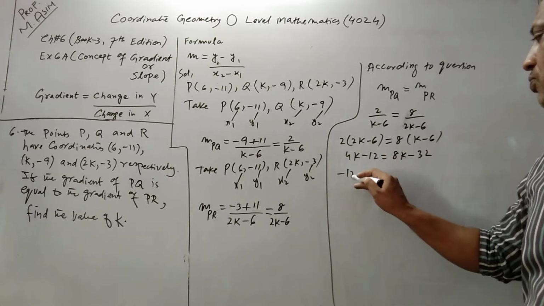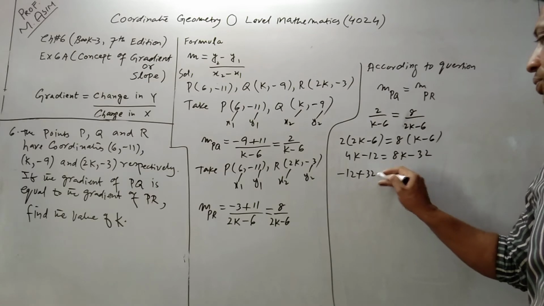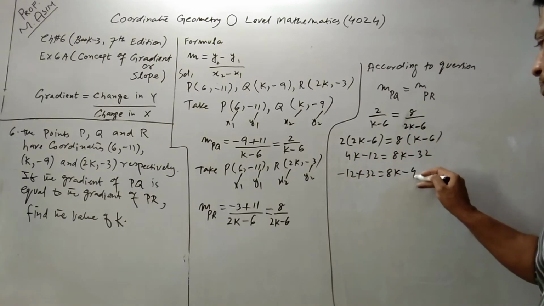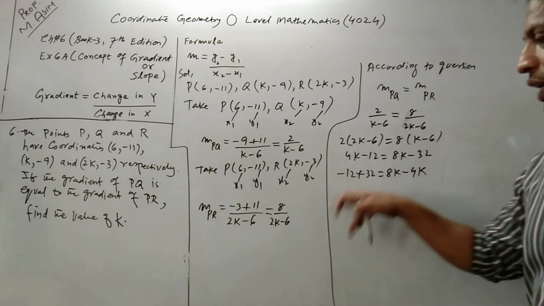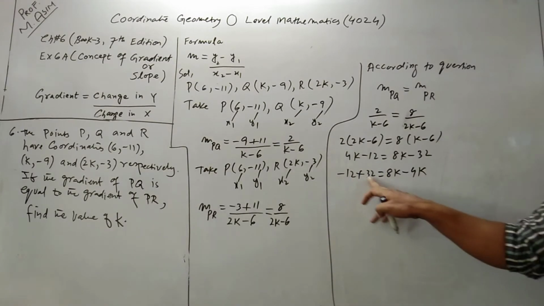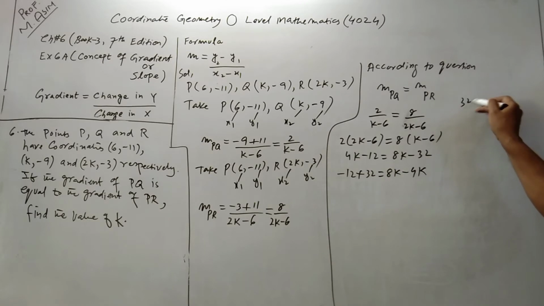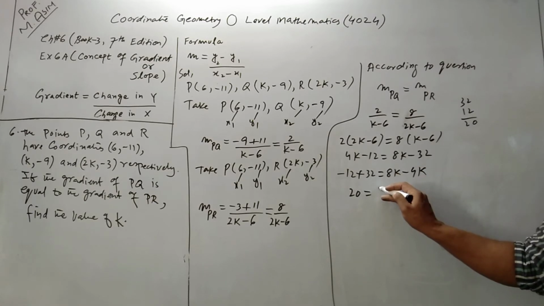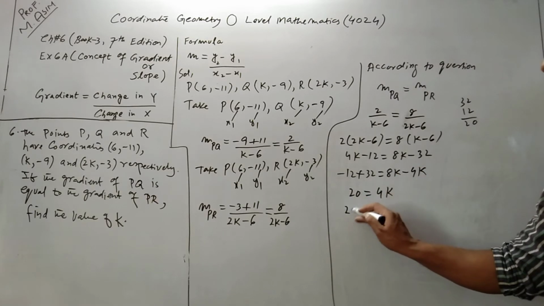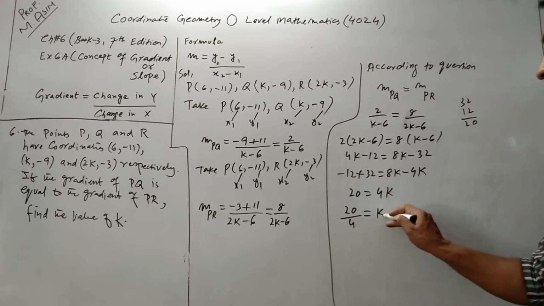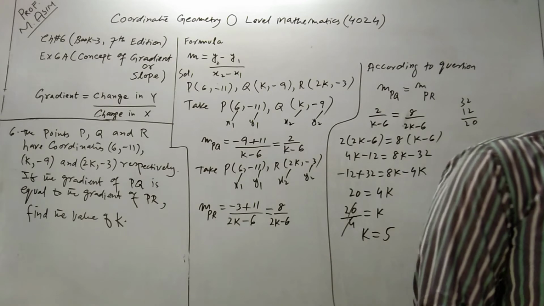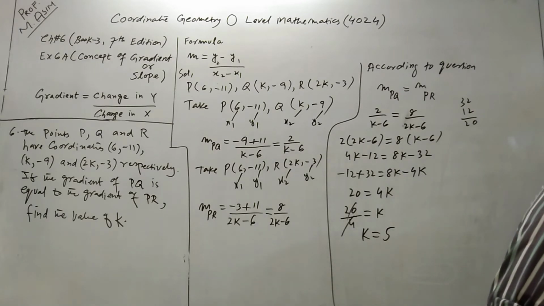So move minus 12, this is plus 32, this is 8K, move this 4K on other side, becomes minus 4K. 32 minus 12 is 20. 8K minus 4K is 4K, and 20 upon 4 is equal to K, and K is equal to 5. So 5 is the answer.